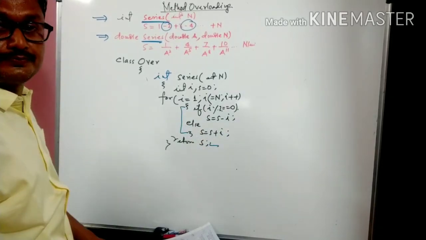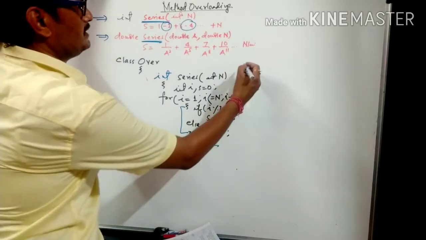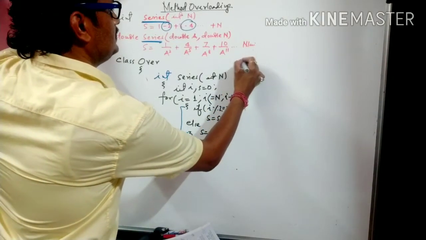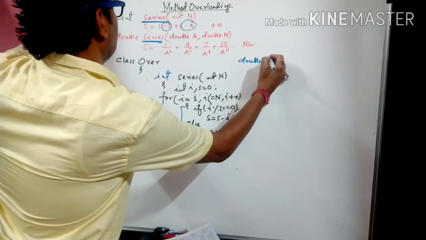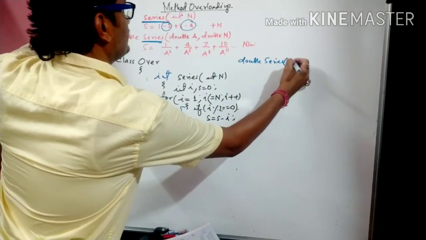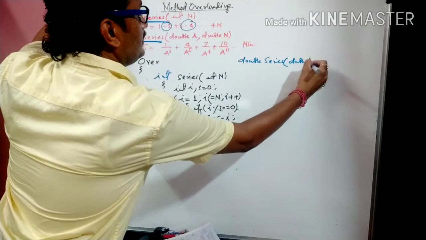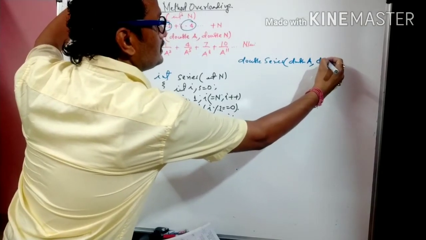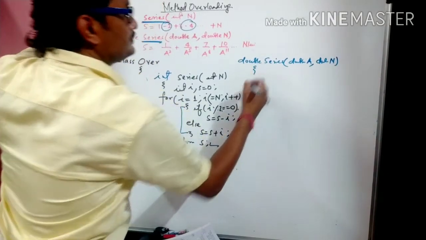Then close it. Now the second method, I am writing here. This is double series, with double a comma double n.